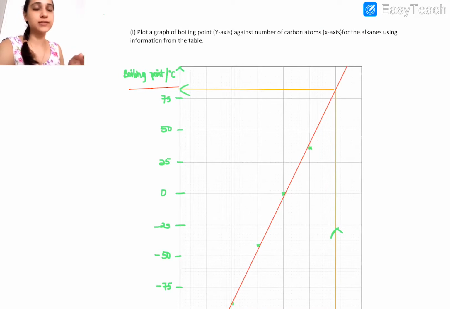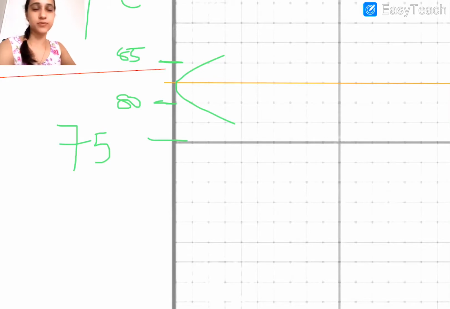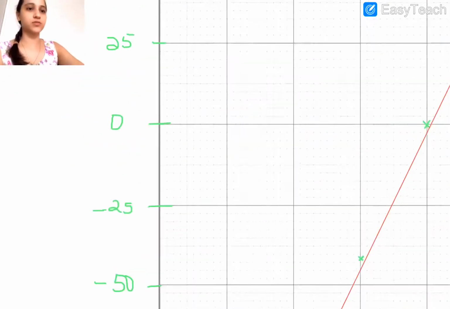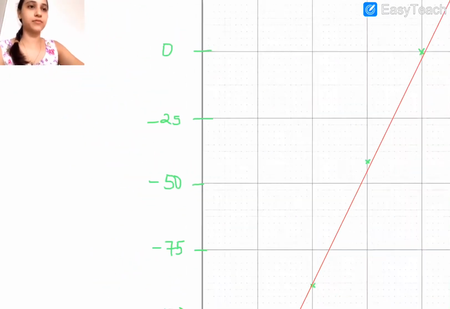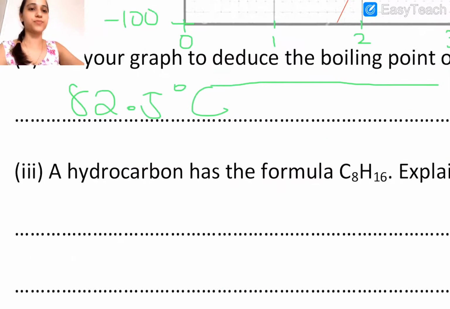If this is 75, that would be 80. Usually this is 85, so in the center of both of them, it's going to be 82.5. So I would say 82.5 degrees Celsius.